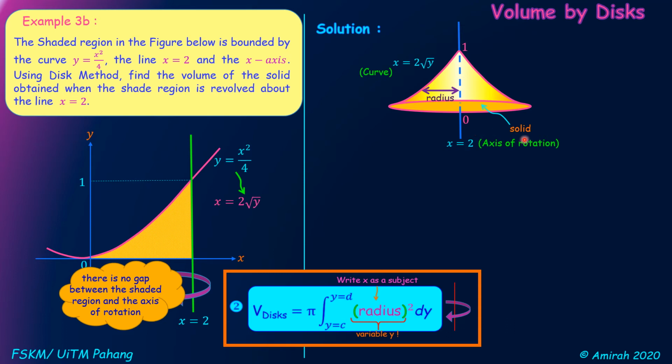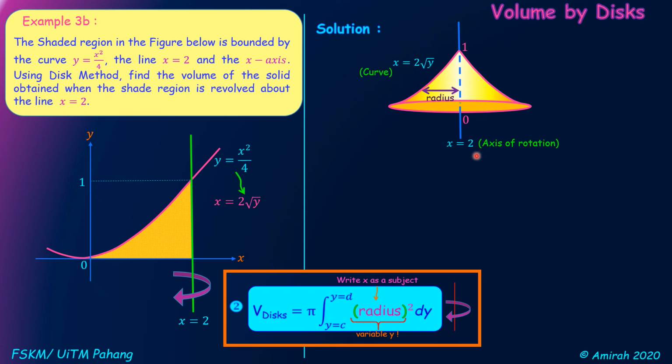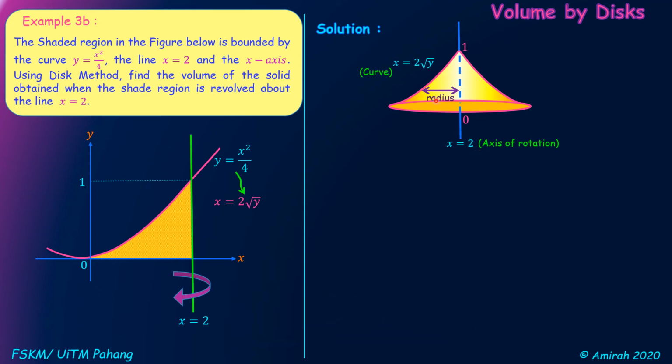And if we get a solid object, we can use the volume by disc formula to find the volume. So from here, we need to find the radius.